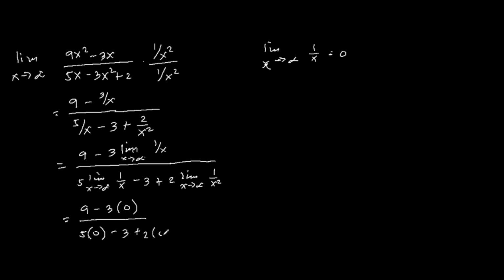So 2 times 0, and 9 over negative 3. 9 over negative 3 is equivalent to negative 3.